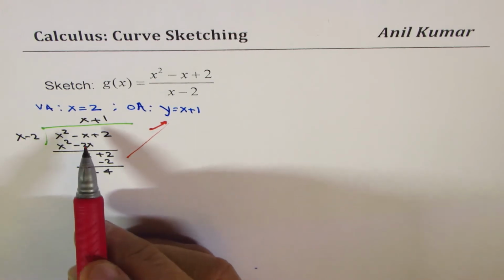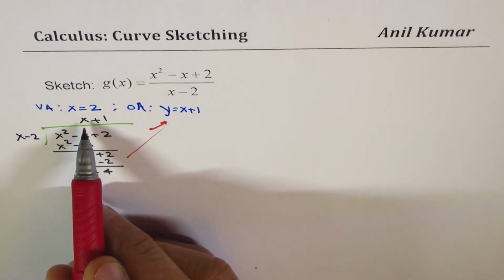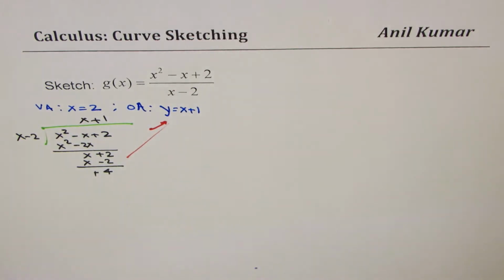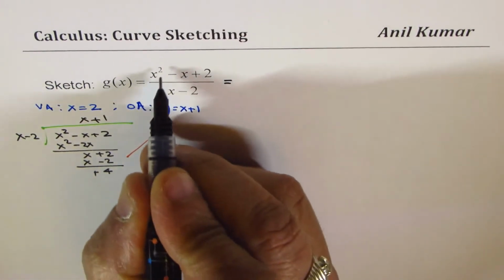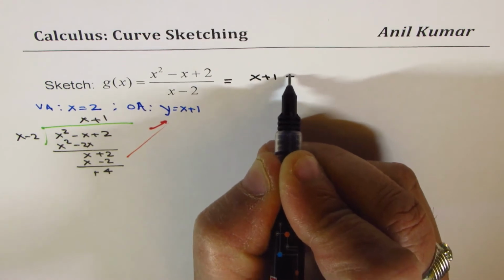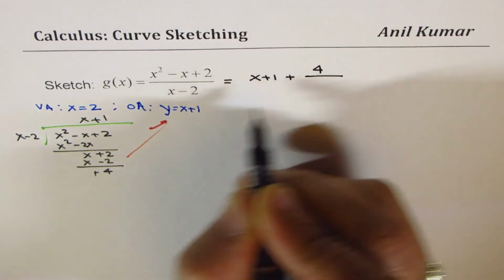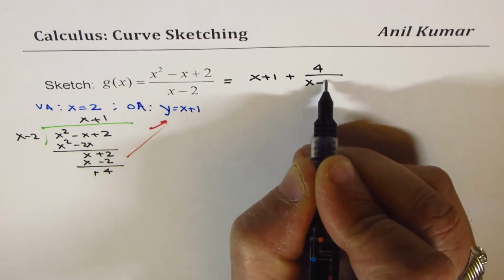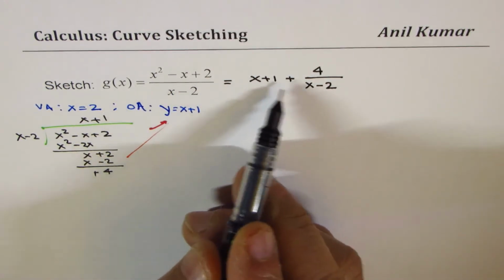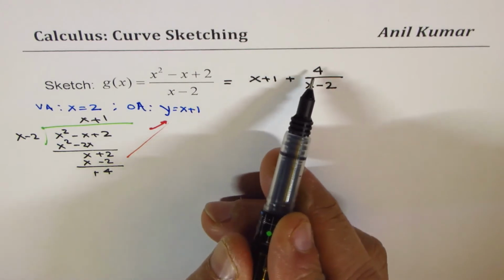However, if x is a very large negative value, basically what I'm trying to say here is once you divide, you could write this as x plus 1 plus 4 over x minus 2. Do you see that? So that is how after this division you should look at your function and now analyze.